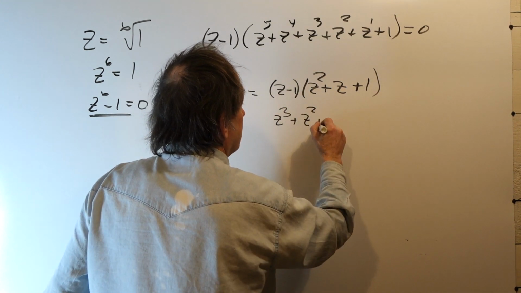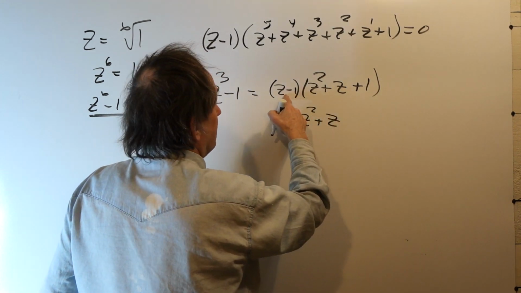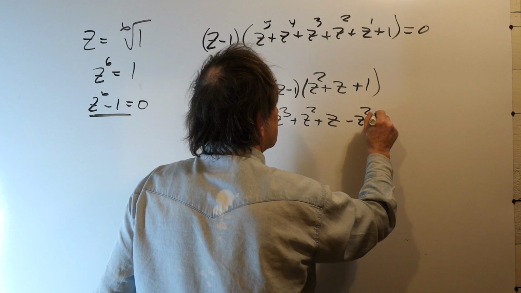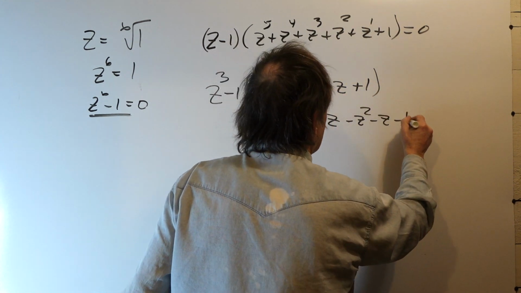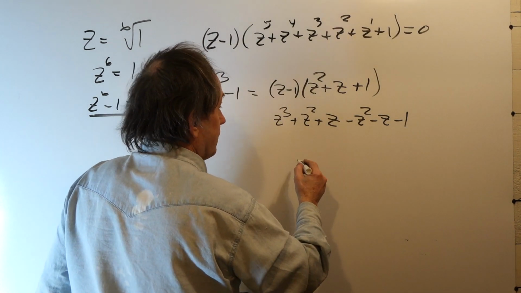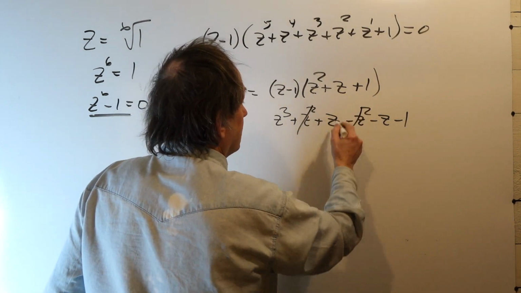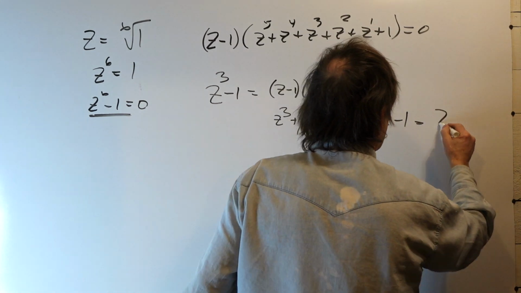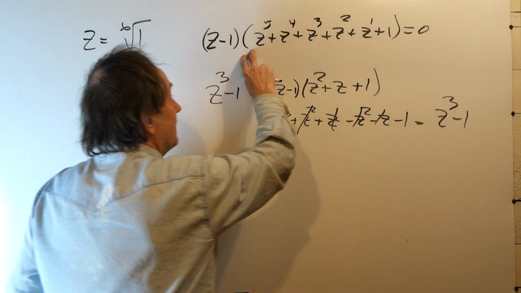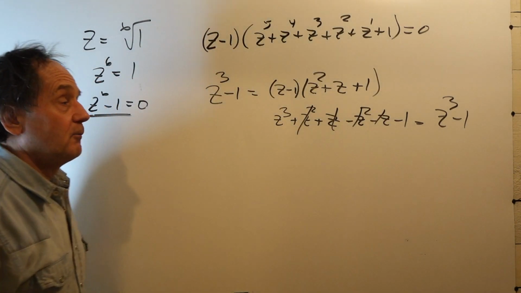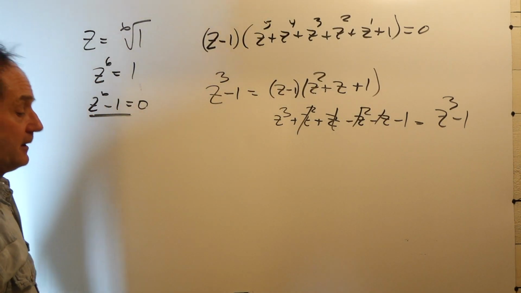Z times 1 is z. Then we have minus 1 times z squared, which is minus z squared. Minus 1 times z is minus z. And minus 1 times 1 is a minus 1. The z squareds go out. The z's go out. We're left with z cubed minus 1. So this is always true. The depressed equations are just powers of z with coefficients equal to 1.